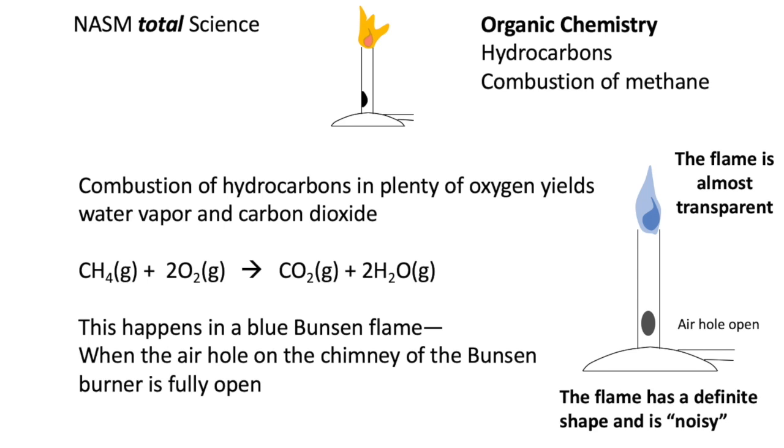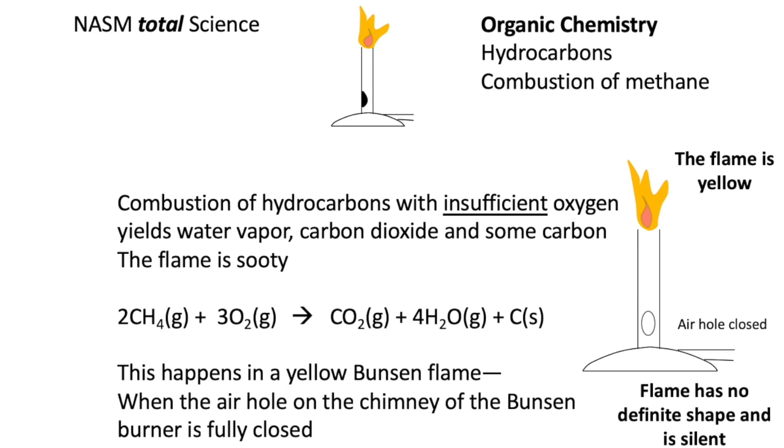It has a definite shape and is noisy. You can actually hear the burn if everything else is fairly quiet. And it's the hottest of the flames that you can get with a Bunsen burner, and the one that you will use most frequently when you're heating chemicals in the lab.